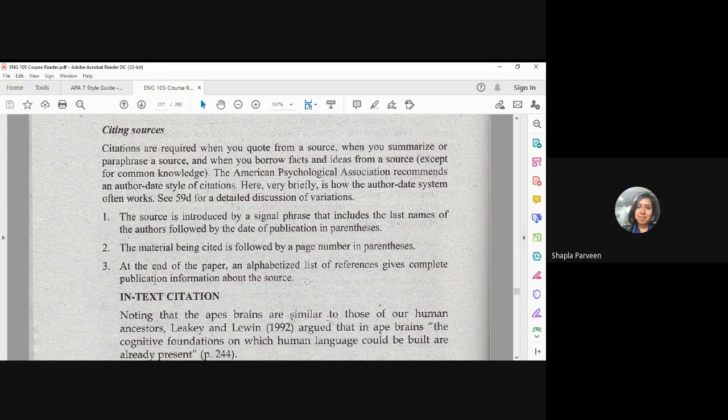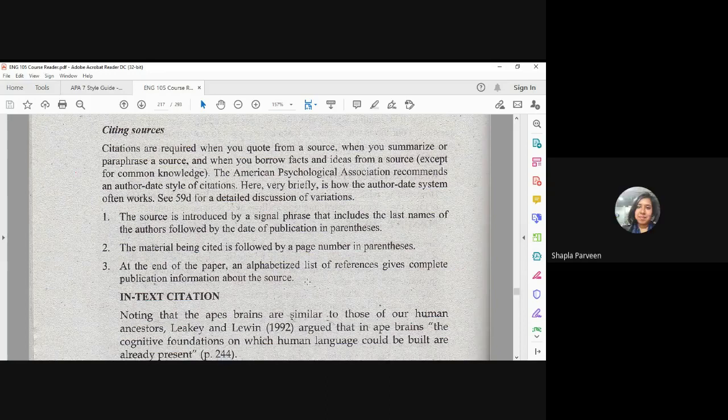You cannot change the order of the names. Now, the first author is very important. Why do you think it's important? The first author's last name is important. Why? You should never change the order of the names, and the first author is more important than the others. Why? Anyone? Maybe the person is the lead author of the paper?